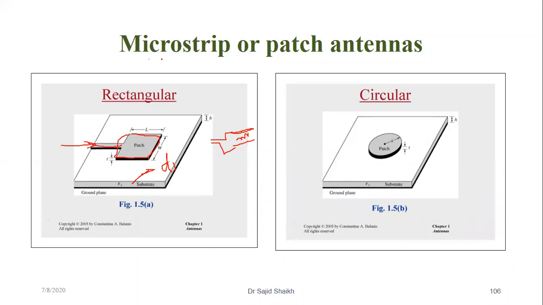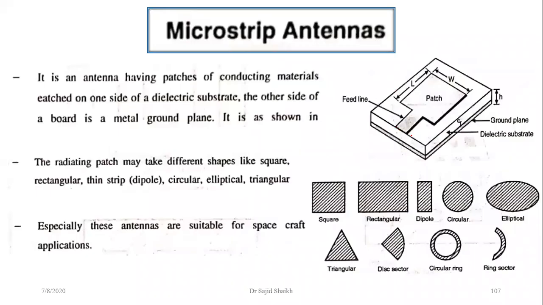Microstrip means a small strip. The shape of the strip, if it is rectangular, we call it a rectangular microstrip antenna. If the shape is circular, we call it a circular microstrip antenna. Like this, different shapes can be used.